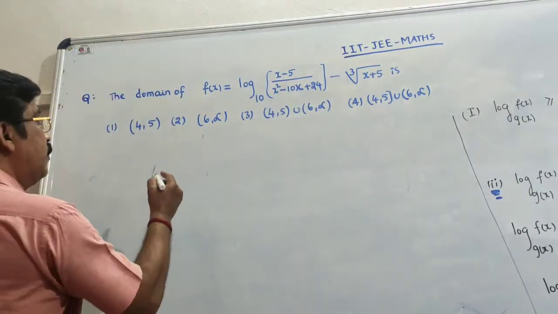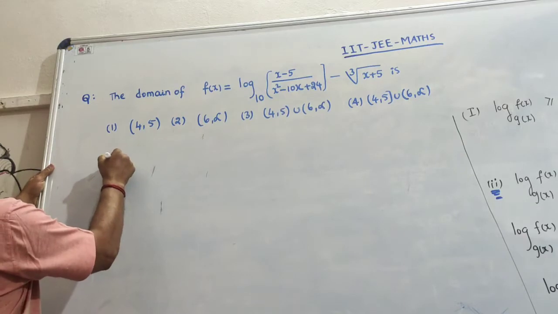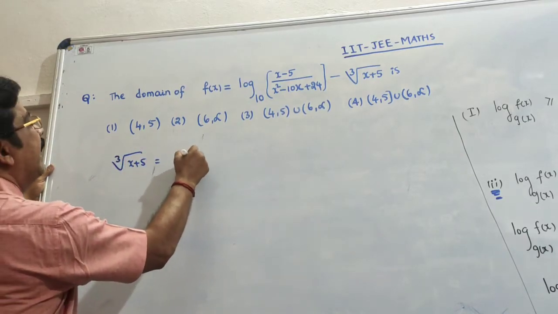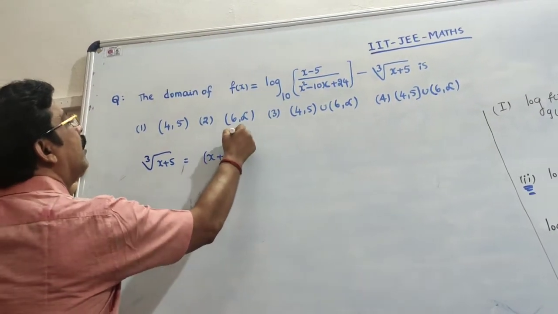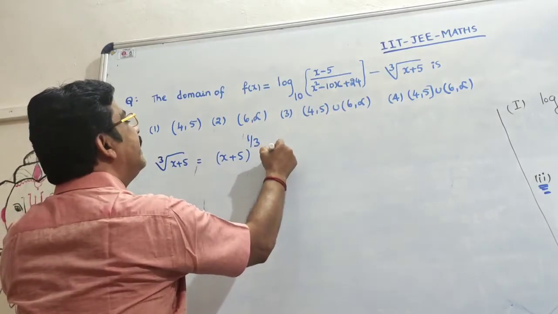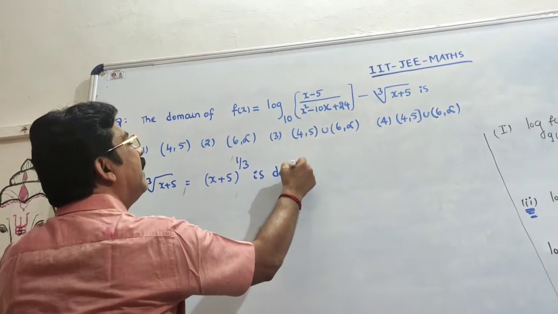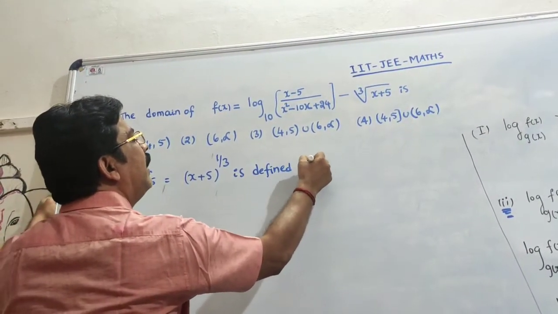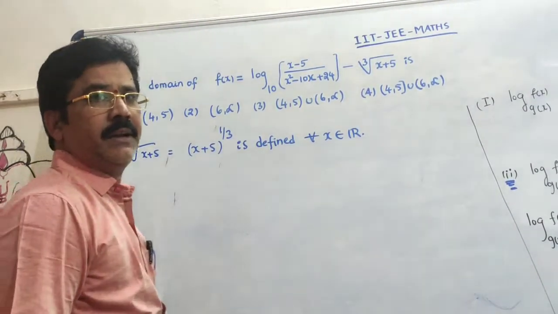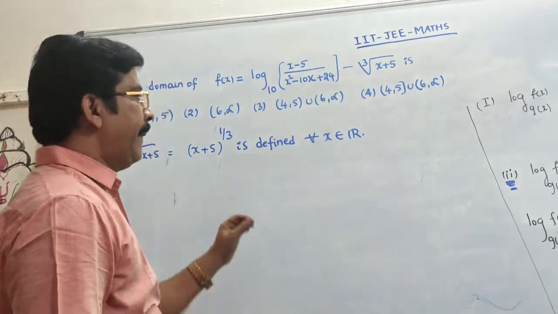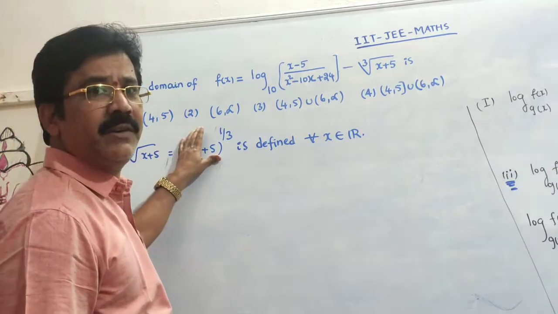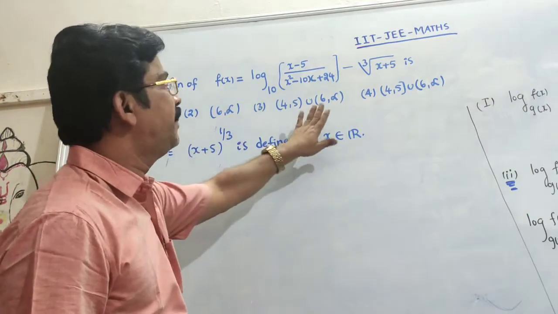Here the cube root of x plus 5 can be written as (x plus 5) to the power of 1 by 3, which is defined for all x belongs to capital R. Meaning you can put any real number instead of x, and its value is defined. Okay, one part is over.